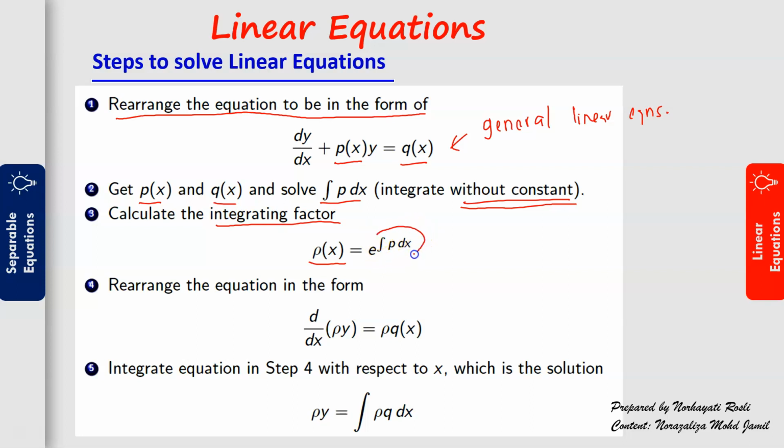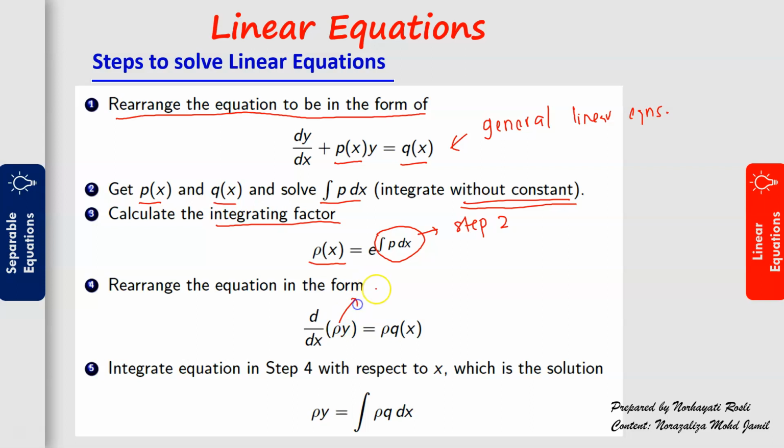That is, this part actually comes from step number 2. Once you got the answer in step number 2, you can find the integrating factor by substituting the integration of P dx in this formula. And then we can rearrange the equation in the form of d/dx of rho y.